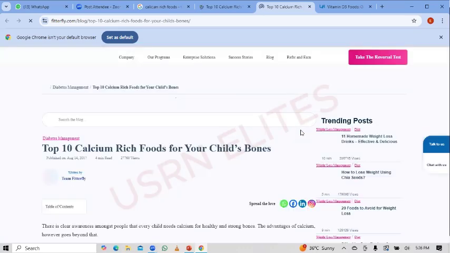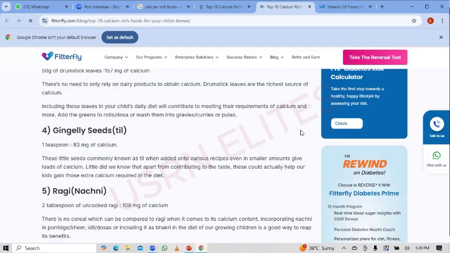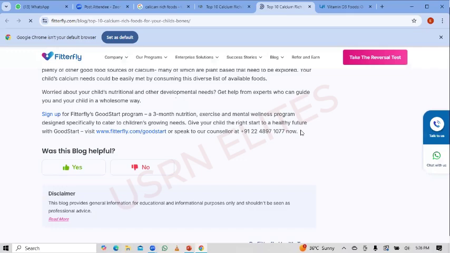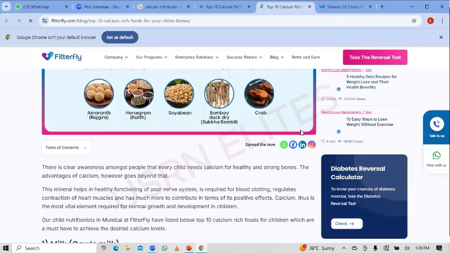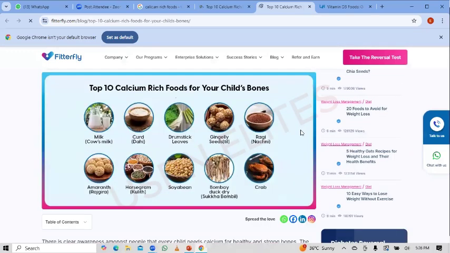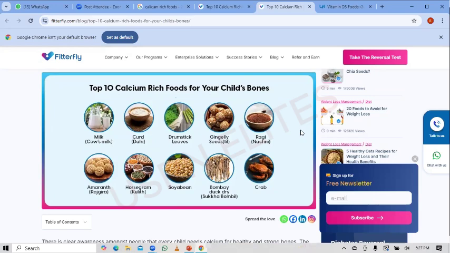I think we have crab as well. The calcium-rich foods are also here: milk, crab, drumstick leaves, soya beans. So these are also calcium-rich foods. Let's take that into consideration. Very important.